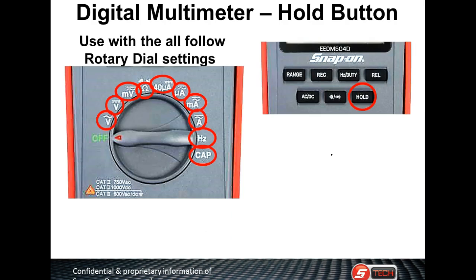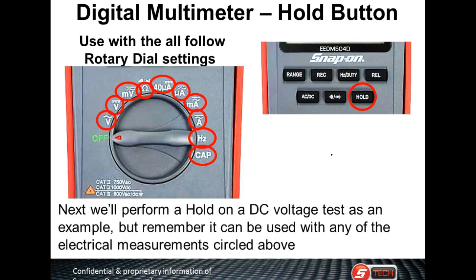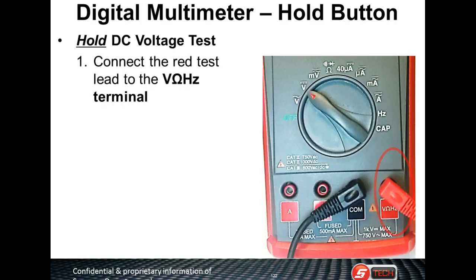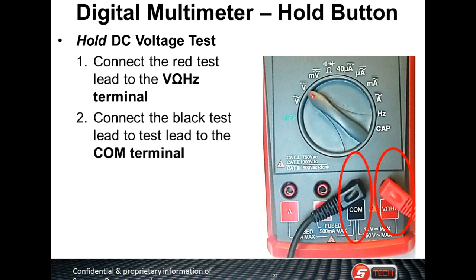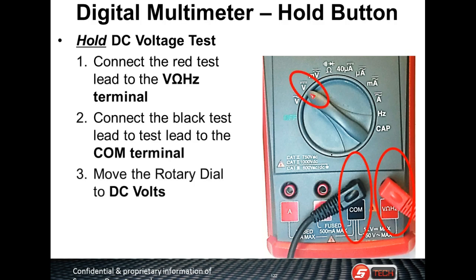The hold button works with all the following. So the hold button works with everything on the dial, right? Next, we'll perform the hold on a DC test as an example, but remember it can be used on any value. I thought we just did that. Connect the meter, connect the common, connect the DC.